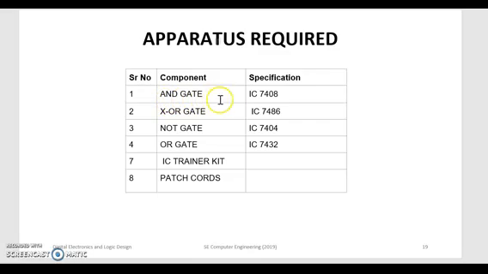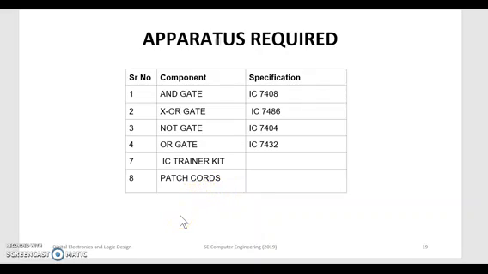For AND gate we will require 7408. For XOR we will need 7486. For NOT gate we will require 7404, and for OR gate we will need the 7432 IC. We are going to place all these ICs on a trainer kit, which is called an IC trainer kit. And to make the connections, we have to make use of patch cords. So these are the things we'll need to perform the experiment.